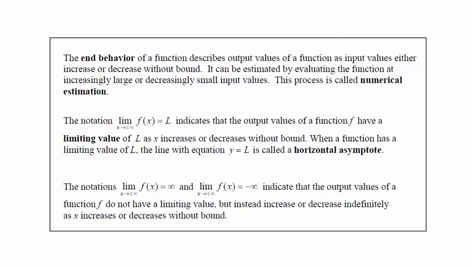Okay, so if my input increases forever, we're going to be going to the right. Now if I'm going to the right, I have 3 options here. Let's see if I can draw this. So let's say I'm looking as my input increases forever. Well, if I increase forever, I could go up.